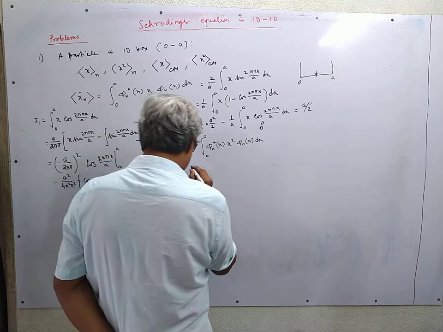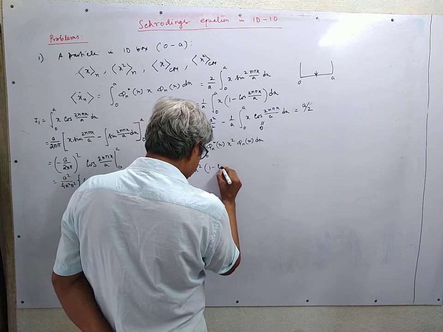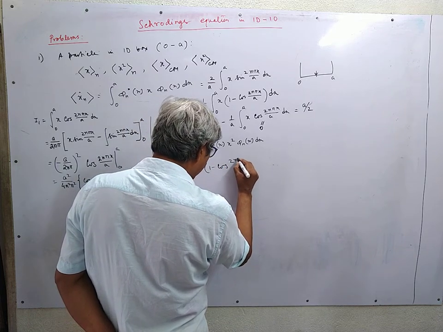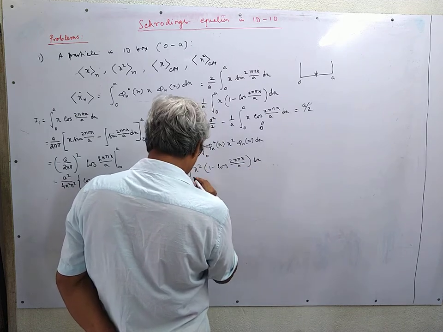This 2 is utilized over here, and the result is 1 minus cos of 2n pi x by a dx from 0 to a.